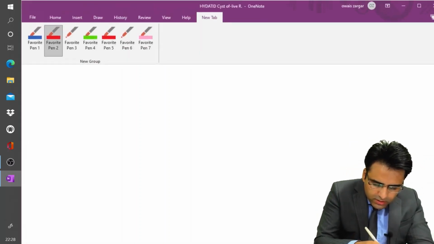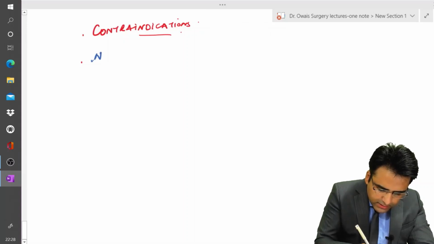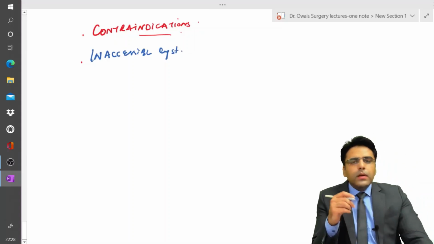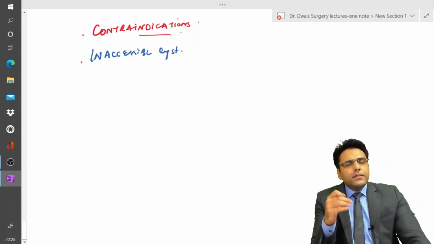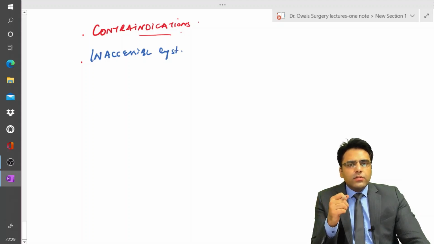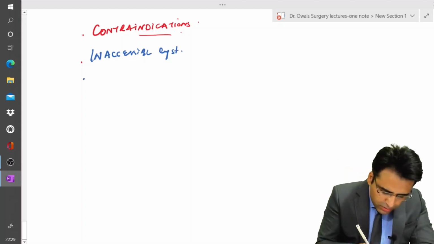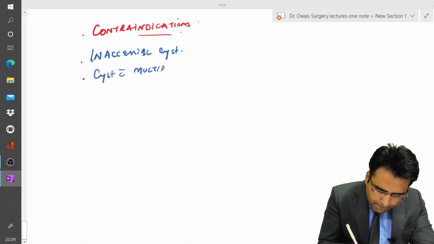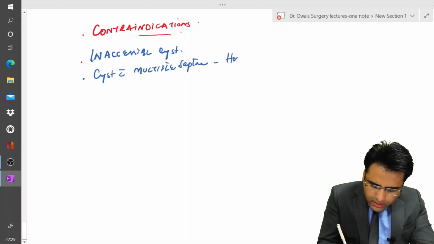So the first contraindication is inaccessible cyst. After that, if there are cysts with multiple septa, that is a honeycomb cyst, in that case also PAIR cannot be done.